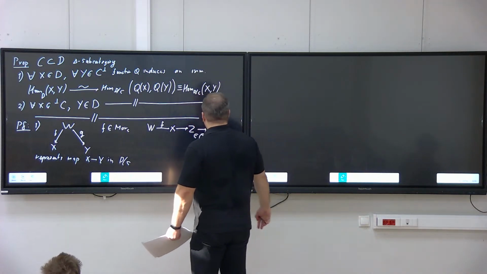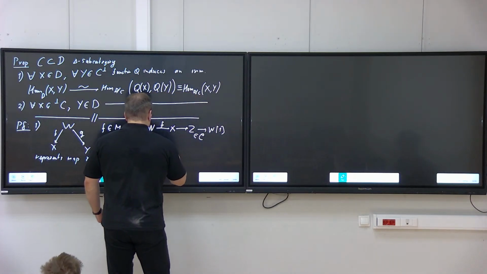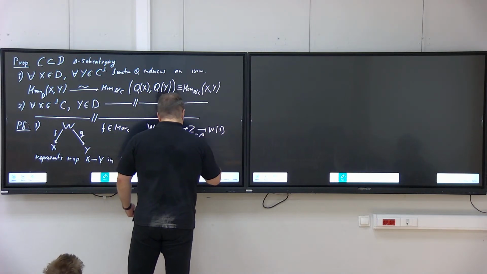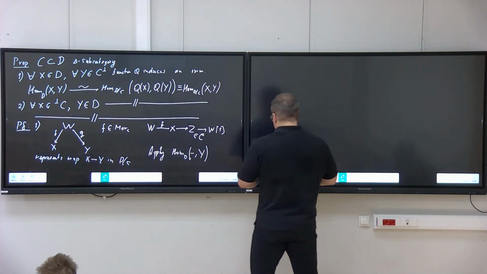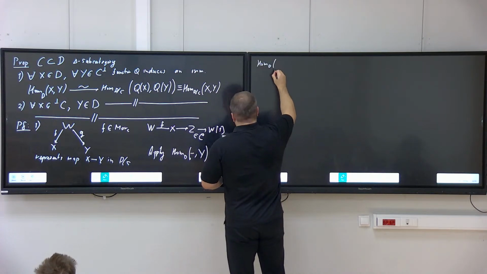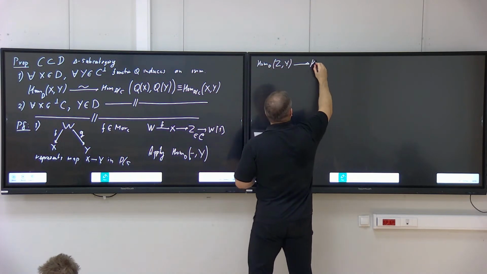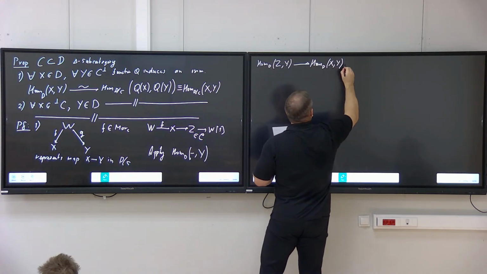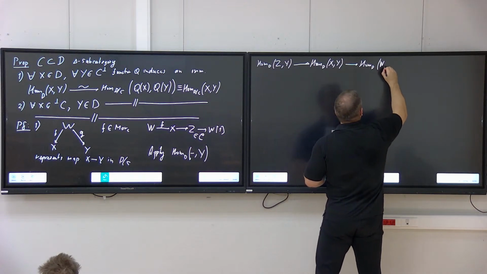So to this distinguished triangle, I want to apply the functor Hom with a fixed second argument, which is just y. Then we'll get the following long exact sequence. For example, we have Hom in D between Z and y, which is mapped to Hom in D between x and y. Then there's Hom in the category D between W and y.